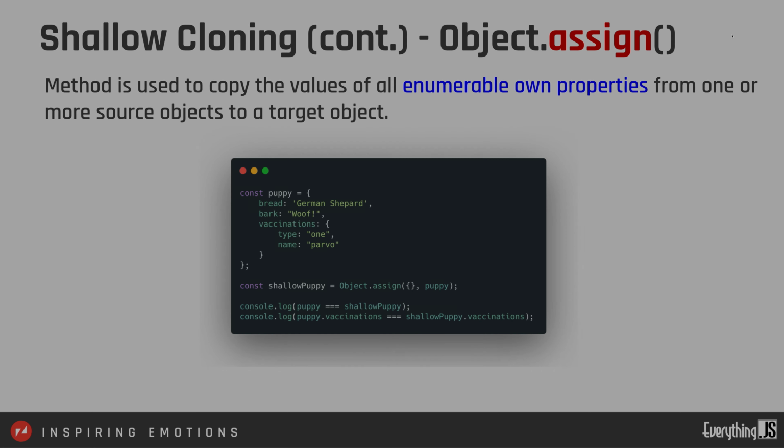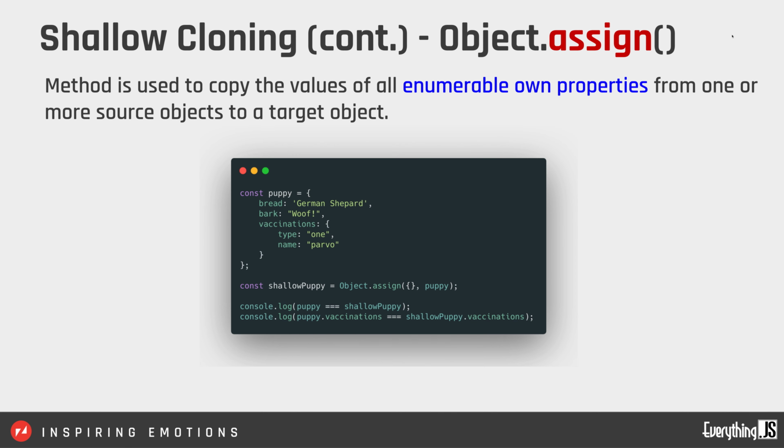So then what about shallow cloning? For shallow cloning, we can use Object.assign as we previously discussed. In the code snippet, we have another puppy object, and it has an inner object called vaccinations.